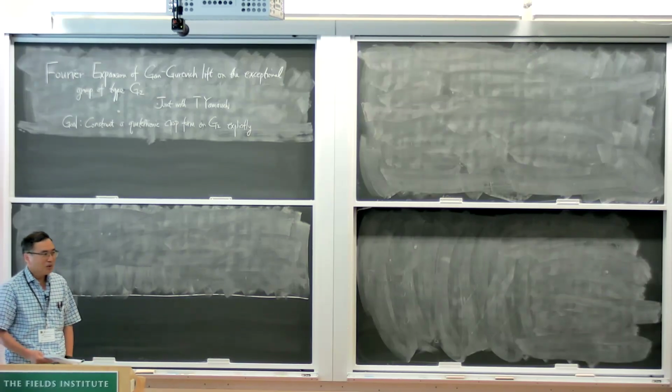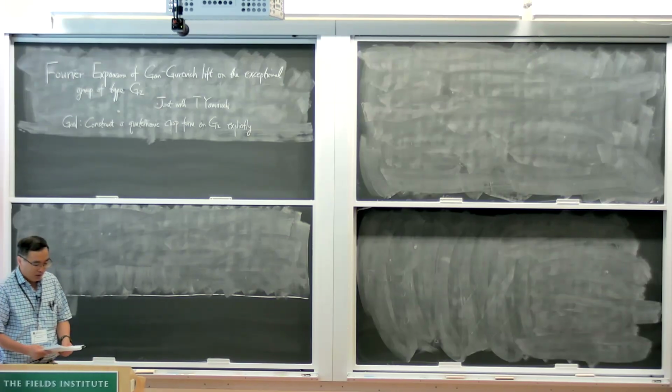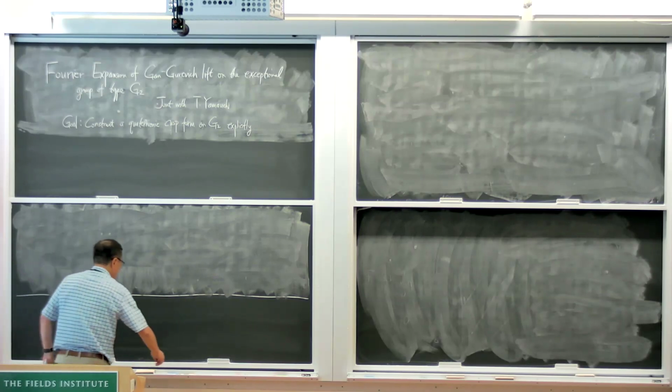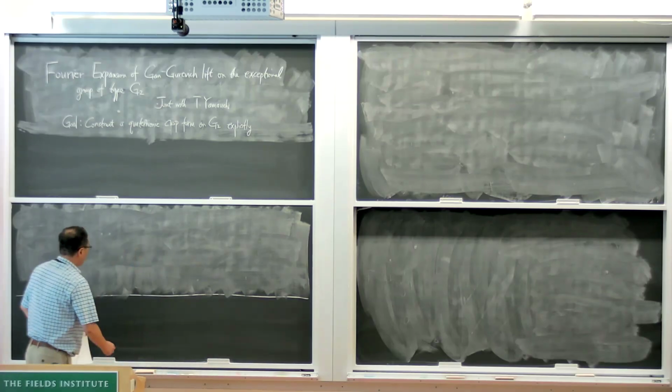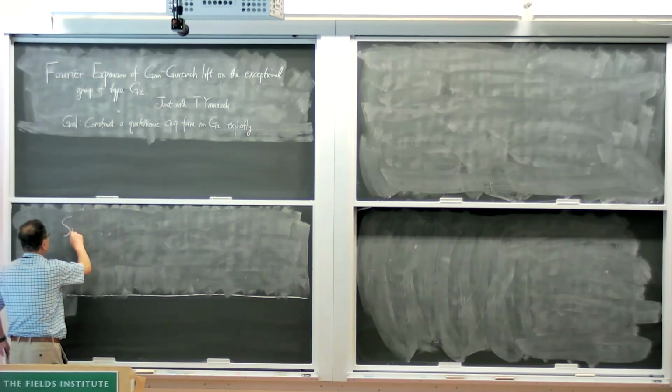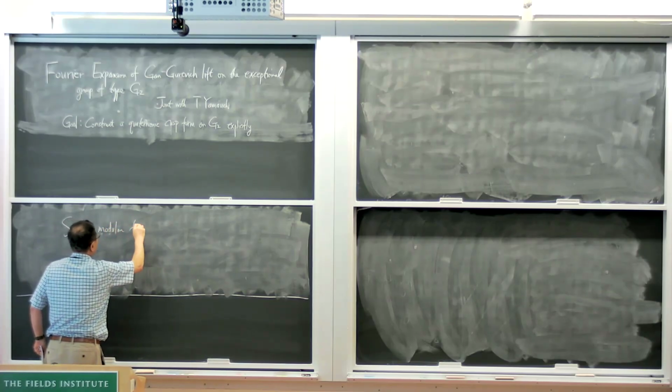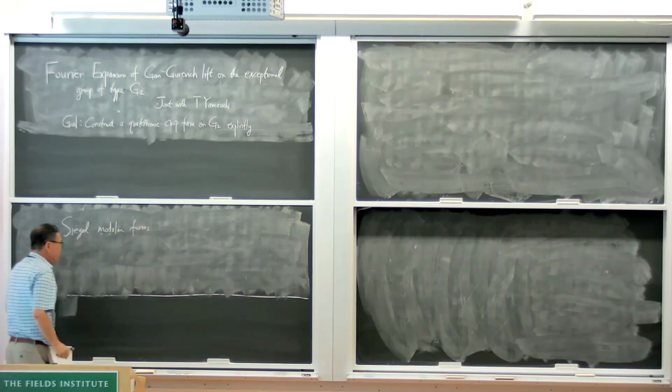So let me just start with the Siegel modular form, so we will understand what I'm getting at. The Siegel modular form is a holomorphic function on the Siegel upper half space.